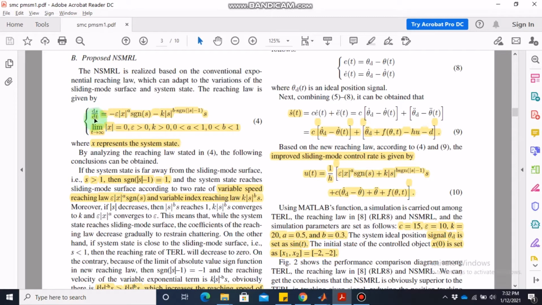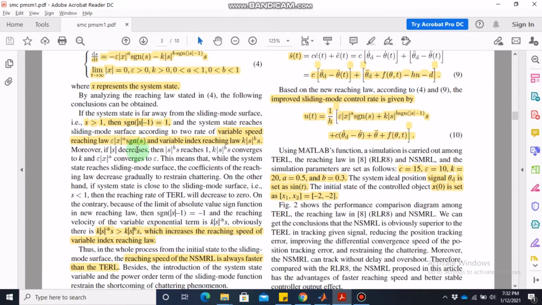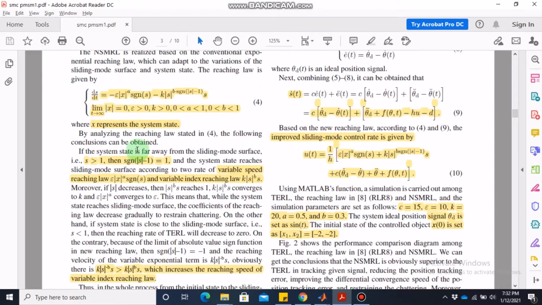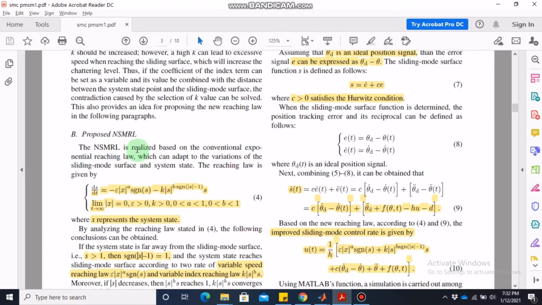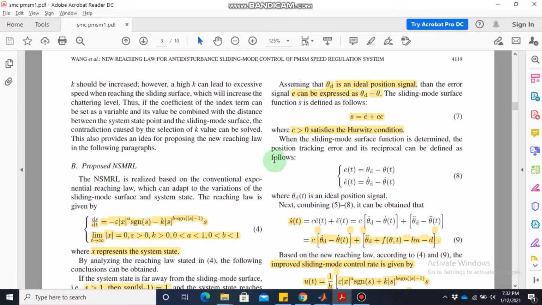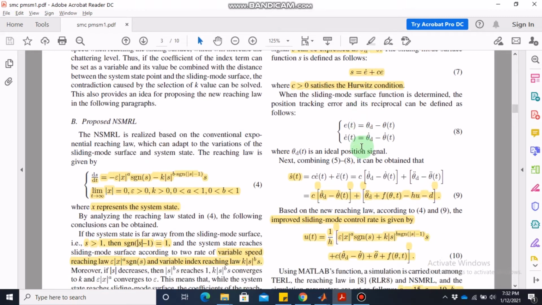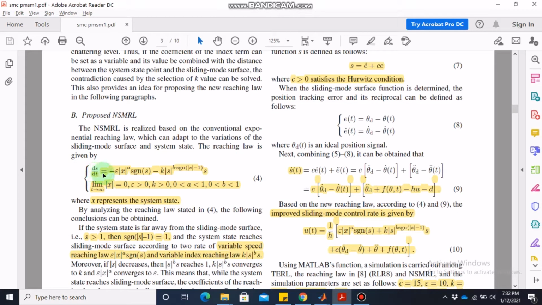So here is their proposed reaching law. This is the derivative of the sliding surface, ds by dt, which is minus epsilon times the absolute value of the state variables raised to the power a times sign of the sliding surface.